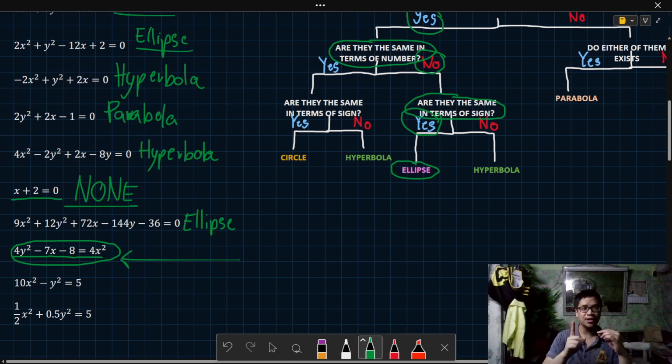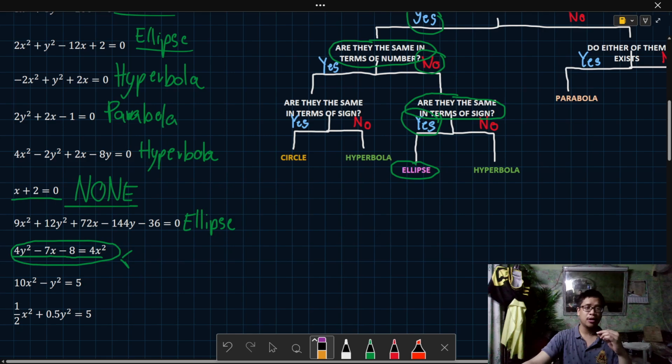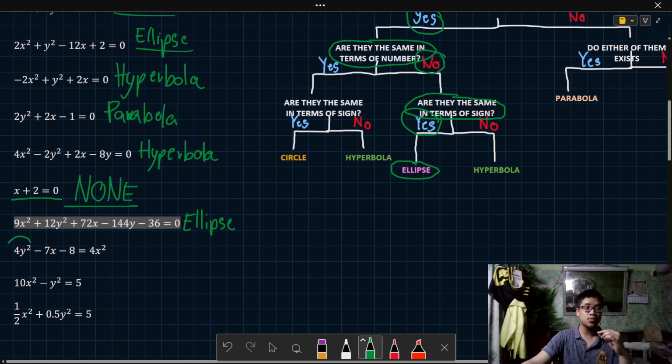If you think your answer is circle, then you're wrong. This is not a circle. If you're going to ask me how, remember, it always starts with the first question: does x squared and y squared exist? Yes, we have 4y squared and 4x squared.